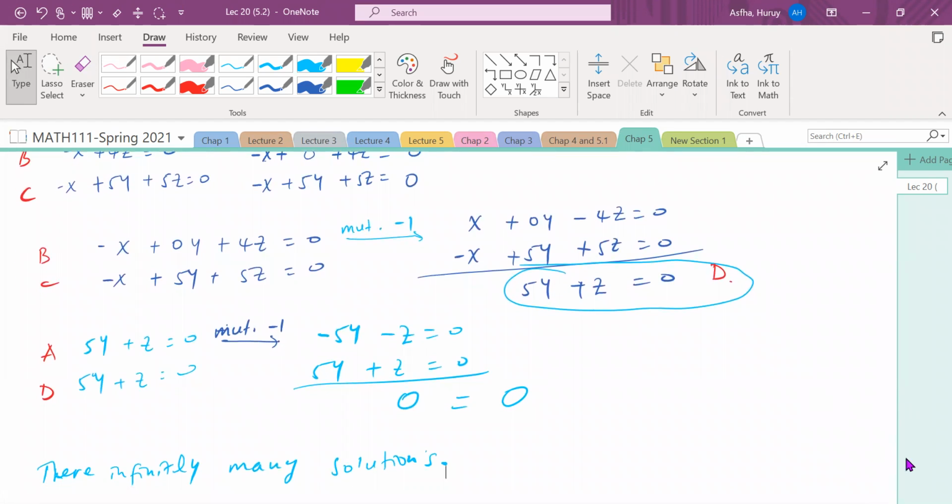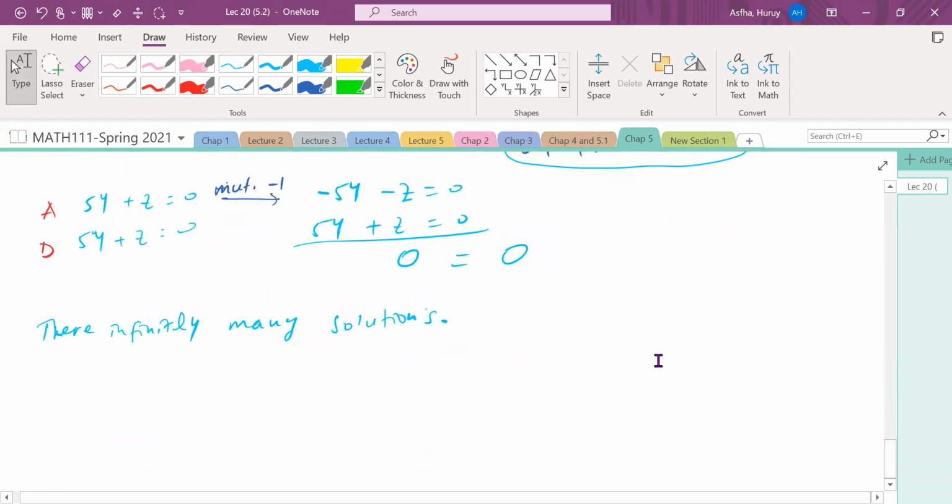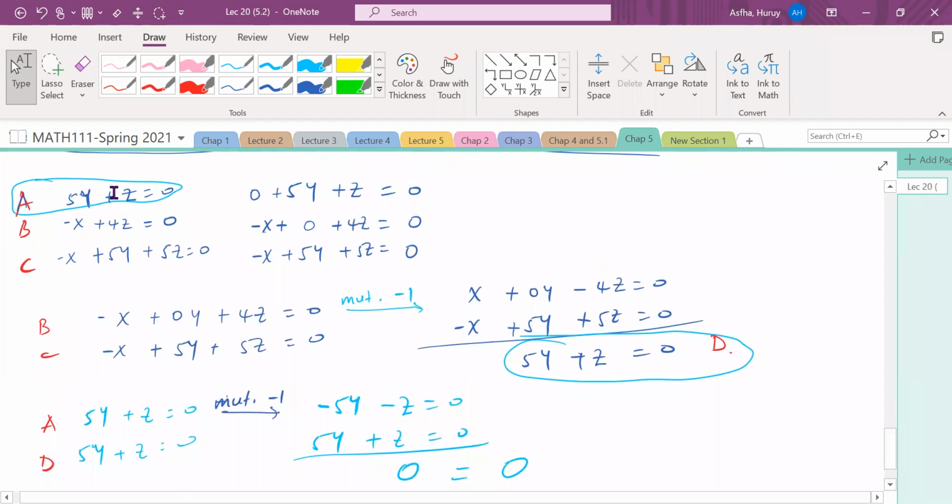So now, if we have such a system which is consistent, and there are infinitely many solutions, then we can write the solution as a function of one of the variables. For example, as you can see, all the equations have the variable z. So I will write x and y as a function of z.